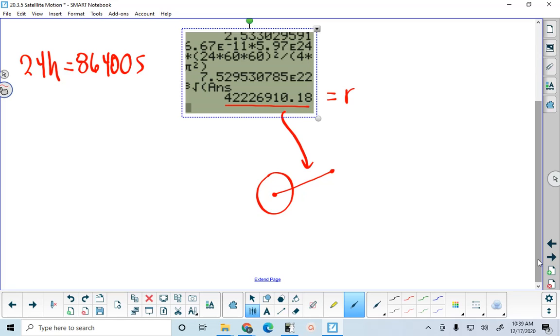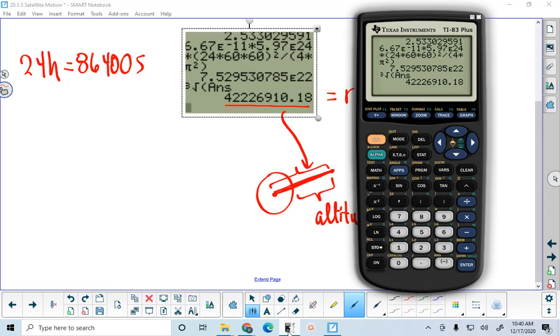What we are after is called the altitude, which is the distance above the surface of the Earth. We have to take that whole distance, this distance, which is r, and subtract the radius of the Earth to get the altitude.